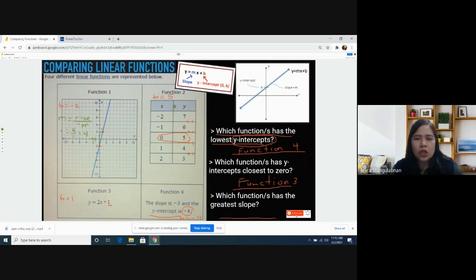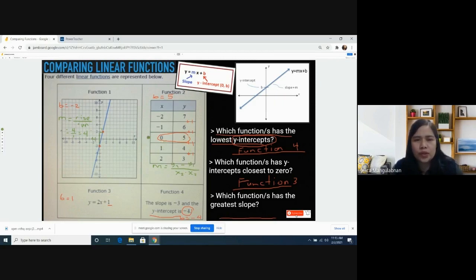How about the slope in function 2? In here, given points, we'll just use the formula y sub 2 minus y sub 1 over x sub 2 minus x sub 1. I told you, given a table of values, it is a long process, but it's just easy. Okay, so we'll choose 2 points.